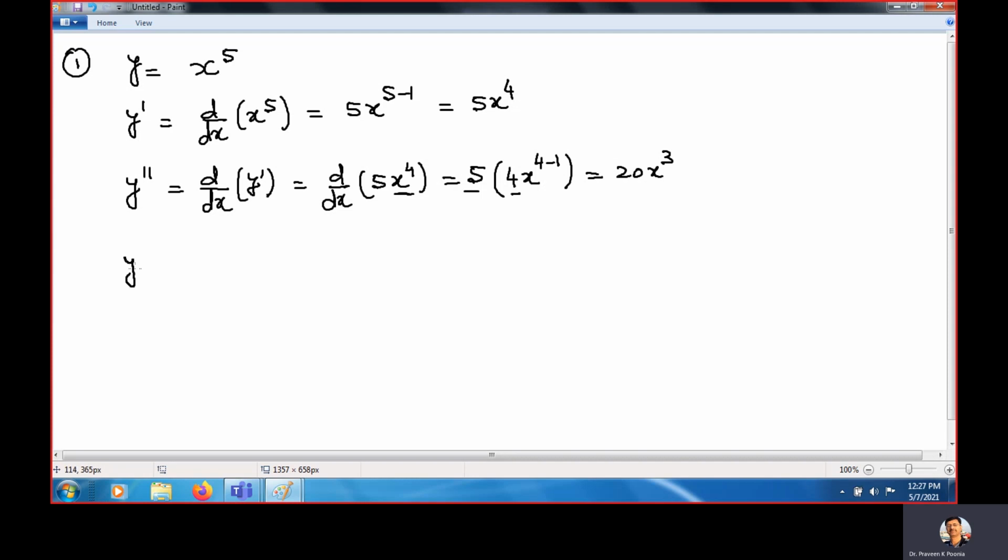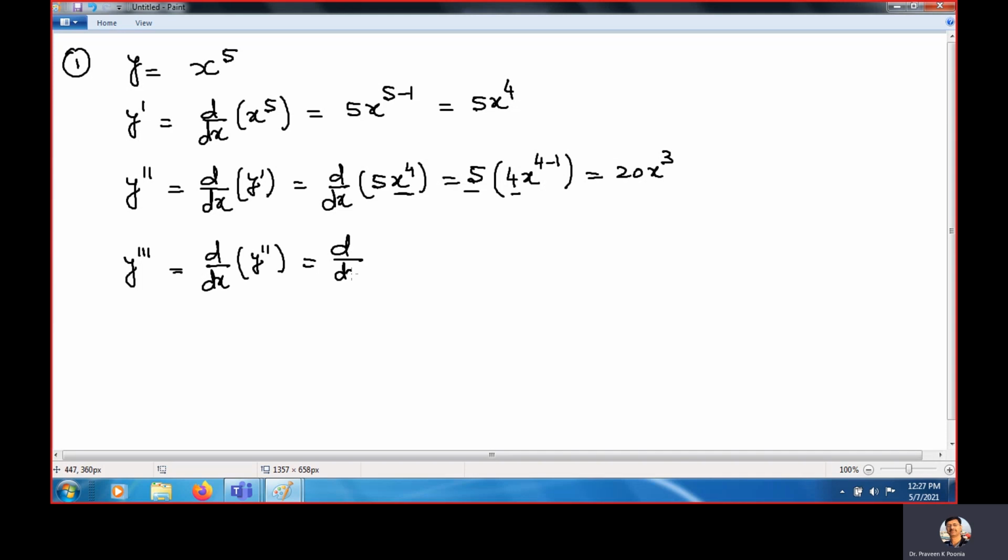If we need y triple dash, the third, it will be d by dx of whatever value you get at double dash. It is very simple, not difficult. You only need to differentiate again and again. So what will be the value?